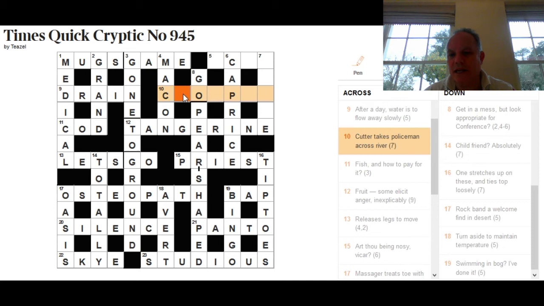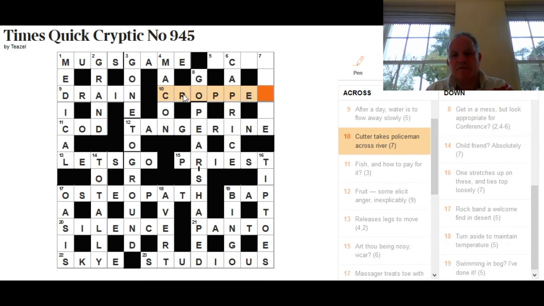And the answer is it came from the word copper, one of the earlier words for policeman that's survived all this time. And if we put that word for a policeman across, i.e. we kind of lie it across the letter R for river, we do get something that can mean a cutter. And that must be the answer, therefore, cropper.